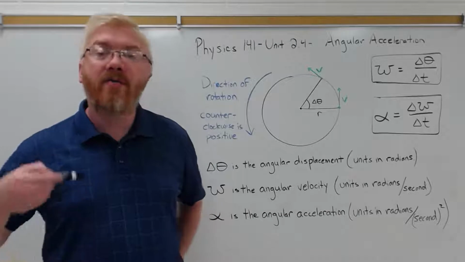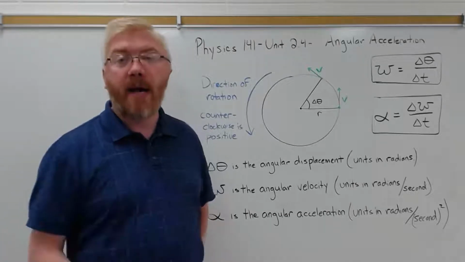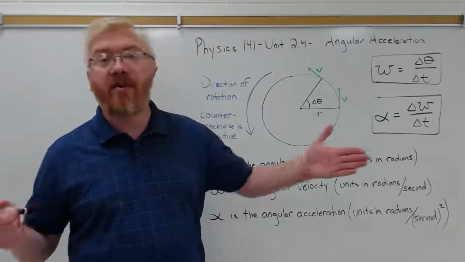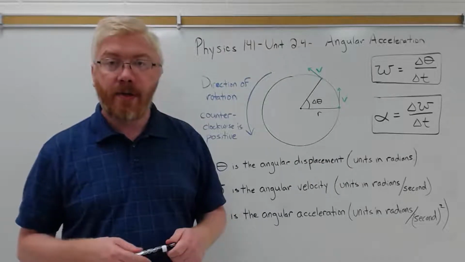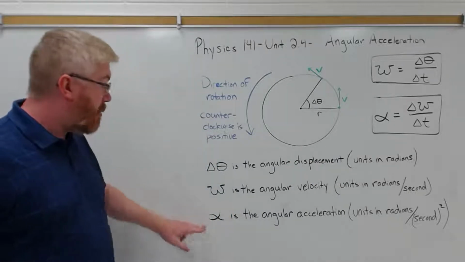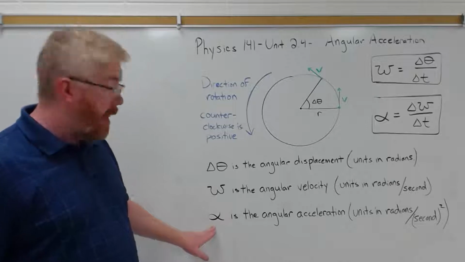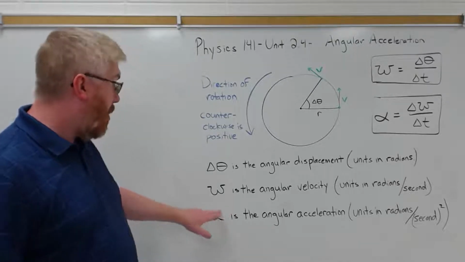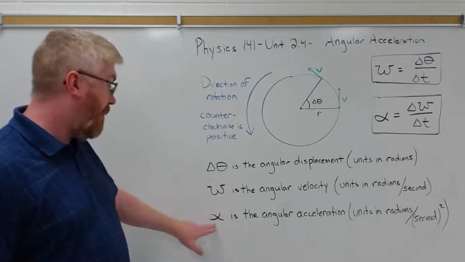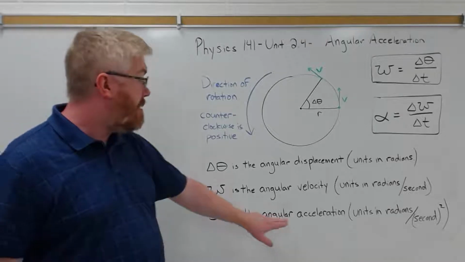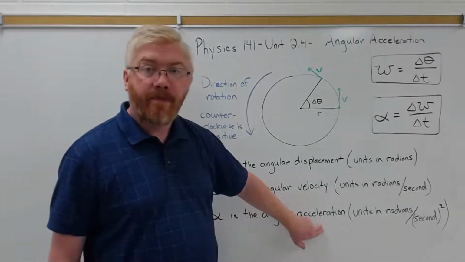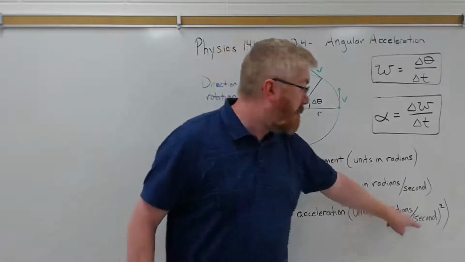So the angular velocity of a rotating object can change, just like the linear velocity of an object can change. So the angular acceleration, we use the Greek letter alpha. It kind of looks like an A, or part of an infinity sign, cut off on the right side. Alpha is the angular acceleration. It has units of radians per second squared.